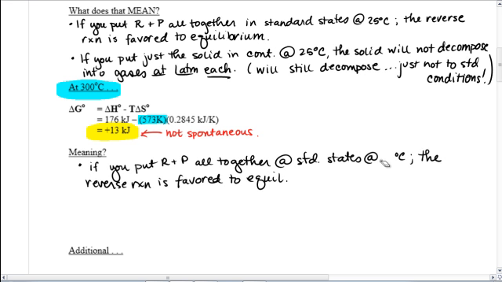I totally mean at 300. Yes, I do. That wouldn't make sense. Thank you. So it's the same idea. Even though the temperature is hotter, we still have that same interpretation.